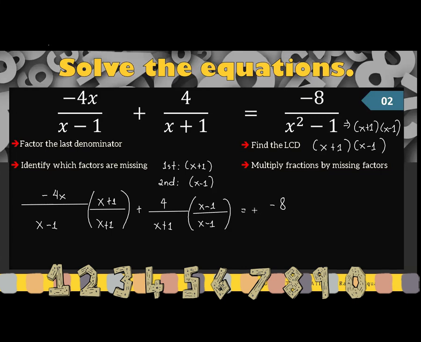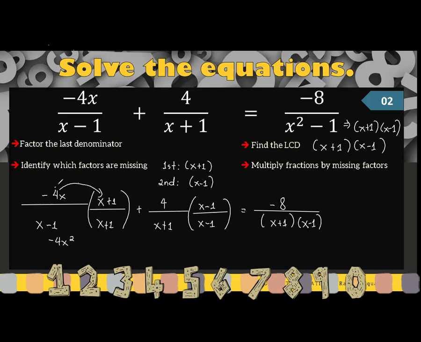Now, on the right-hand side of the equation, we should write x squared minus 1 as the factored form, x plus 1, x minus 1. Multiply factors or the numerators using the distributive property. For the first one, we will get negative 4x squared.